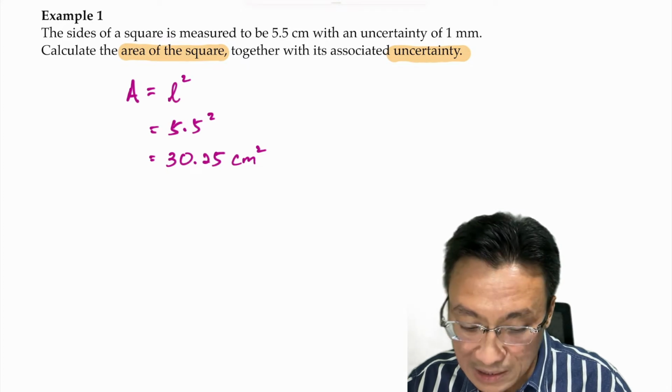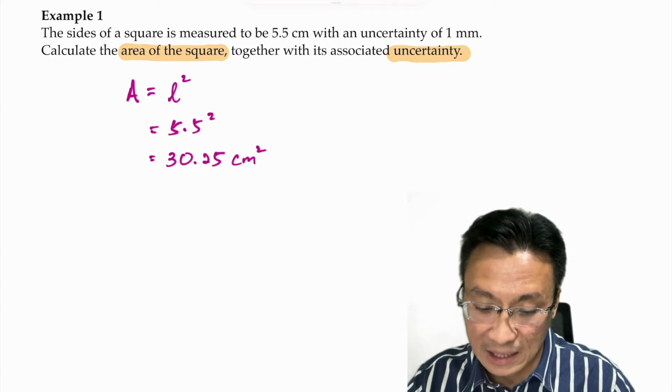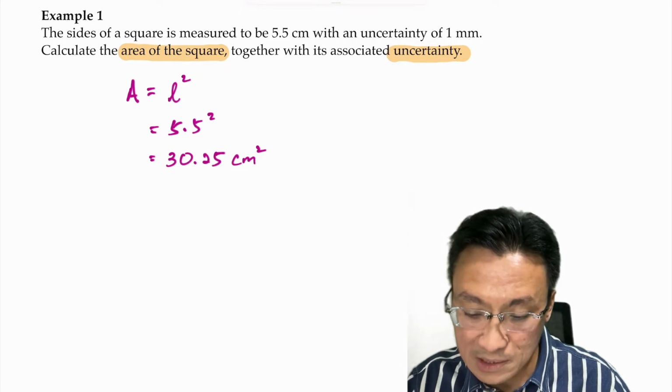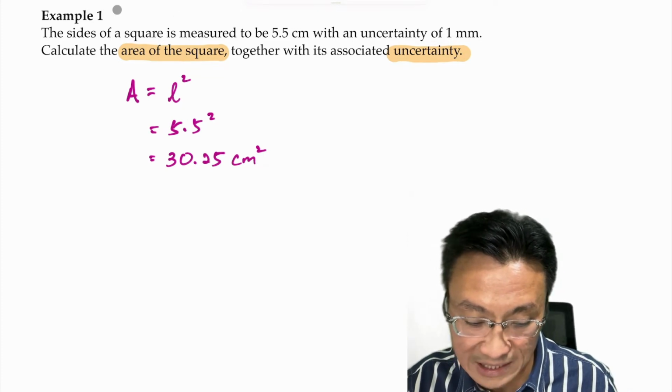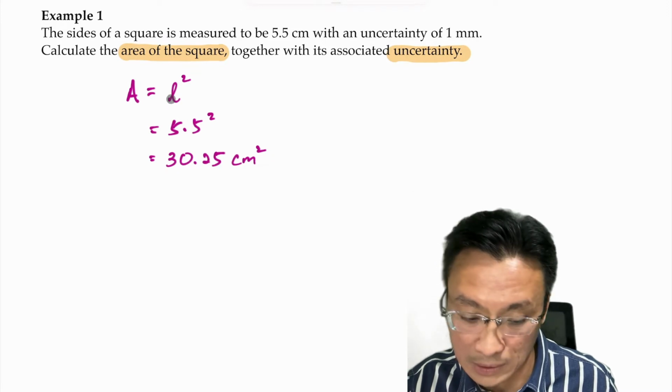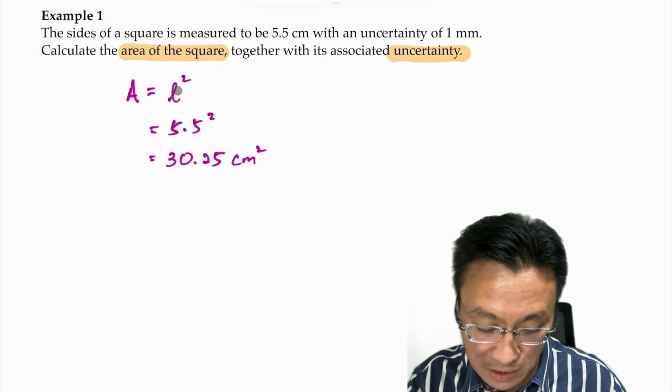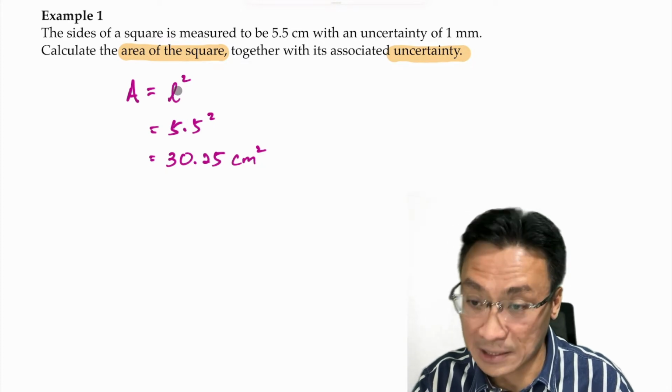And the next part, I will want to find the uncertainty of the area. So to do this, first, you have to recognize that the relationship involves power, which is L times L. So I have to make use of fractional uncertainty.